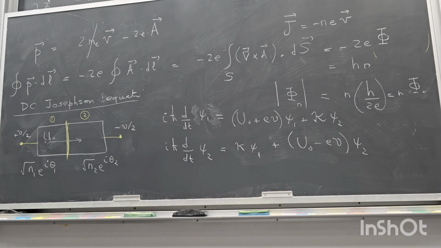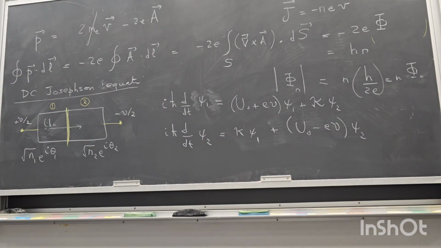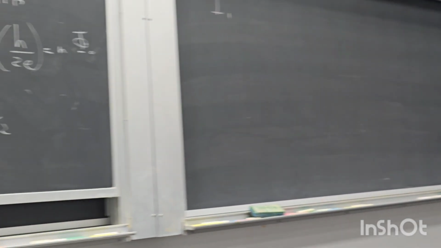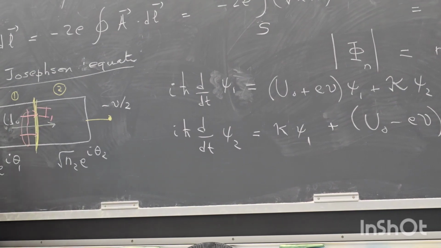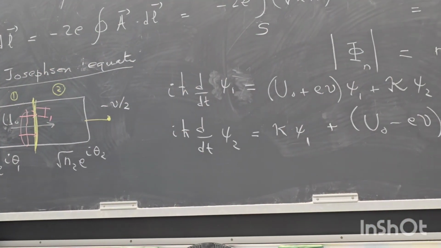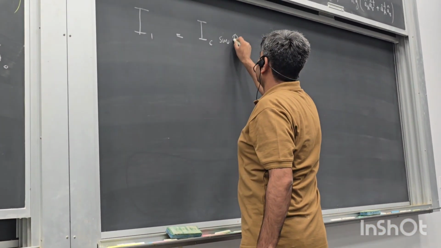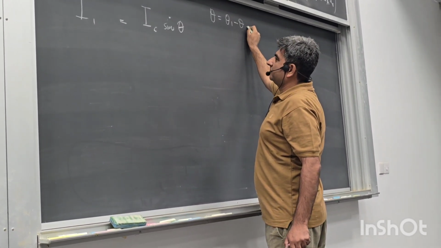And the two equations that I do get are the following. Which is the current coming out of superconductor 1 and entering the insulating barrier. This current is I1. This I1 is some critical current times sine of theta, where theta is defined as theta 1 minus theta 2.